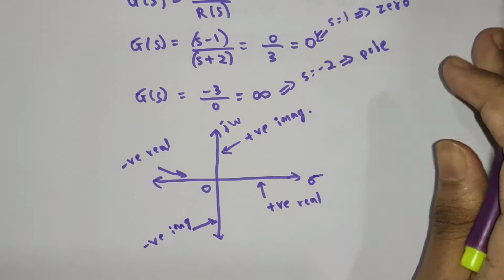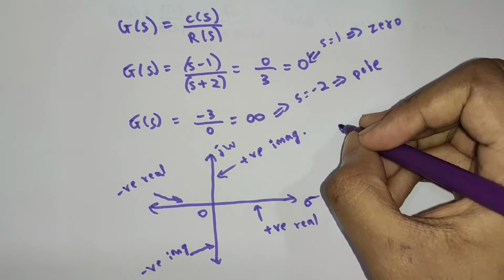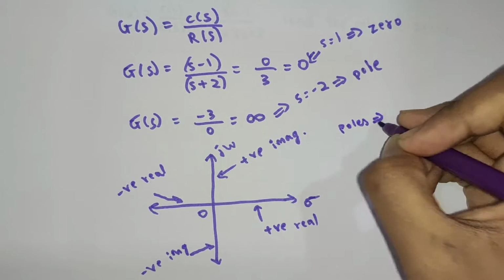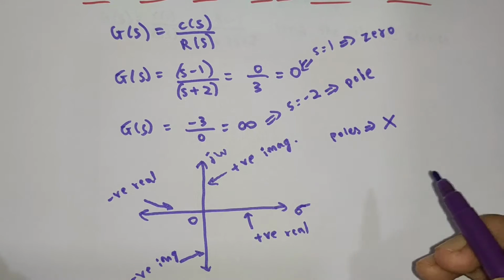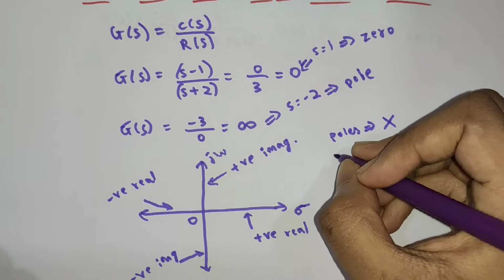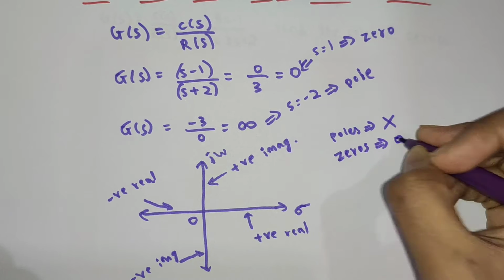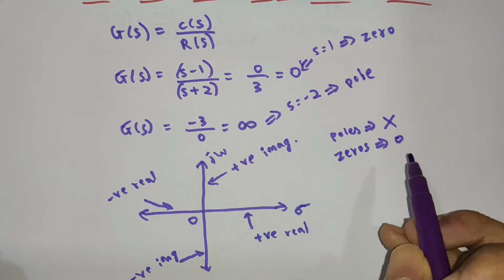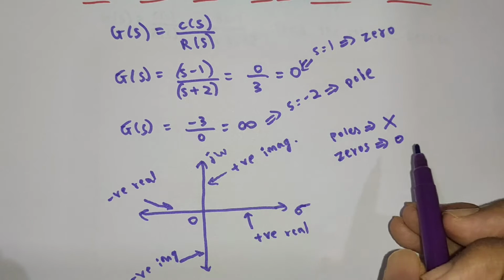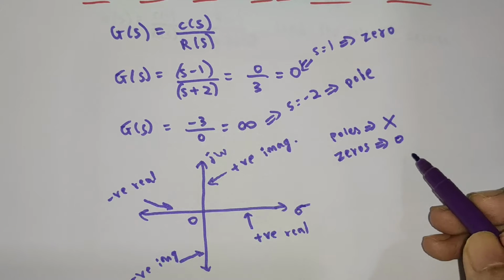Now in this case we have got s = 0. Poles are denoted by x, and zeros are denoted by a 0, or you can call it an o, in the graph. So poles are denoted by x, zeros are denoted by 0.